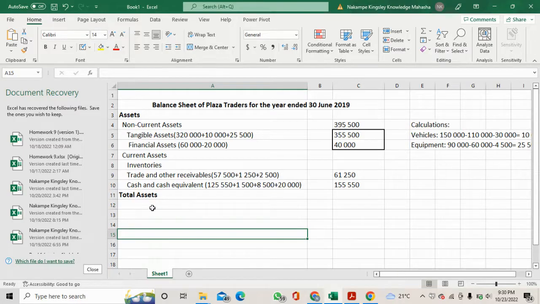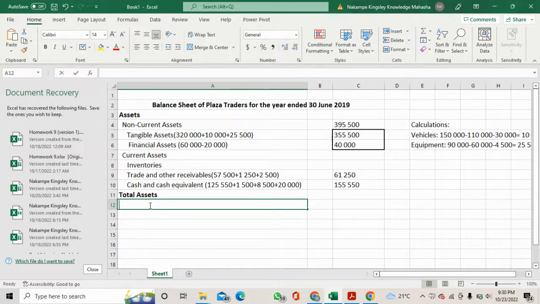So now we're going to have equities and liabilities. That's the other section of the balance sheet, guys, the statement of financial position.